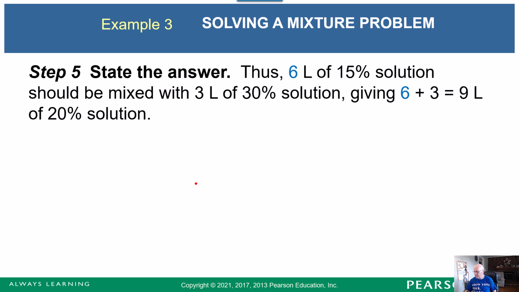Again, one more time, notice that we've got this strength and we've got this strength. So when we mix them together, we end up with something between the two. Not exactly between the two. You can't take 15 and 30, add them together, divide by 2. It doesn't work that way. Don't even try that.